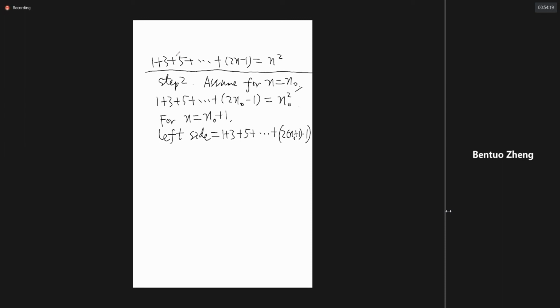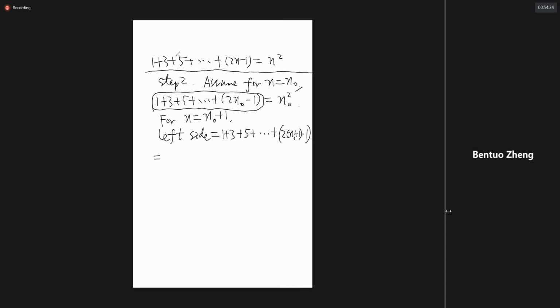Okay, but you have to realize this summation is actually obtained by adding one more term to the left side of the previous equality.